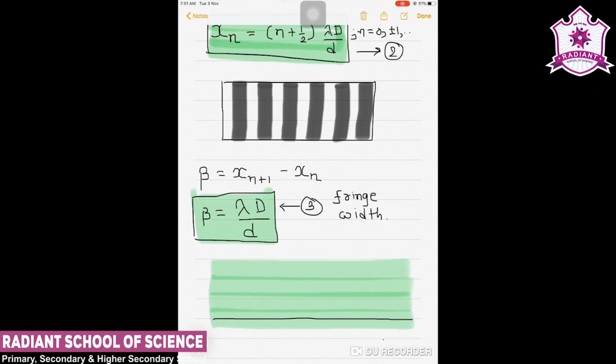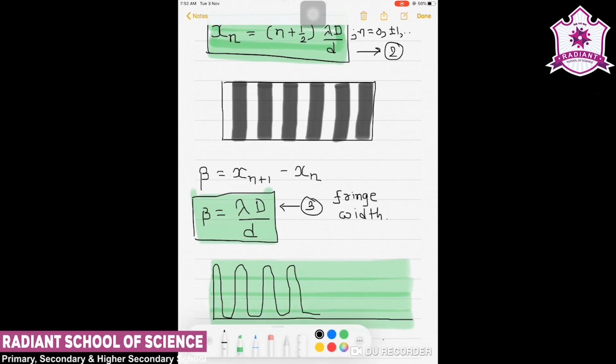If we follow the above pattern, we have maximum intensity at a white portion, then zero intensity, then again maximum intensity as white, then 0, then maximum, then 0, and so on.